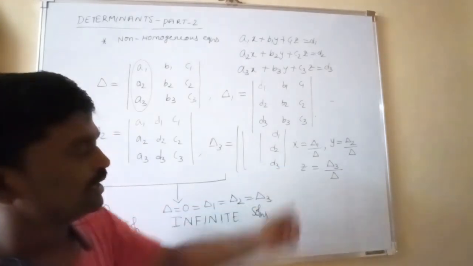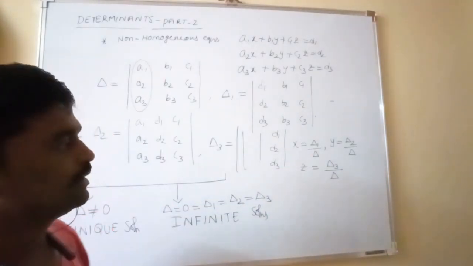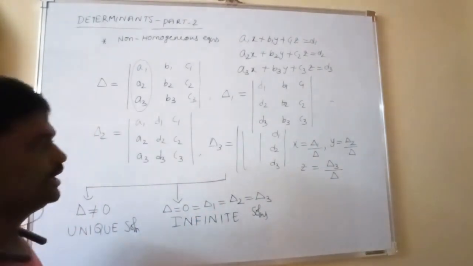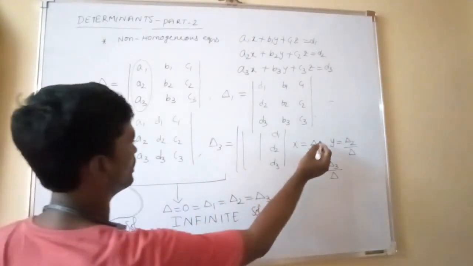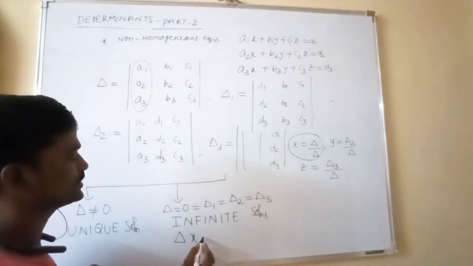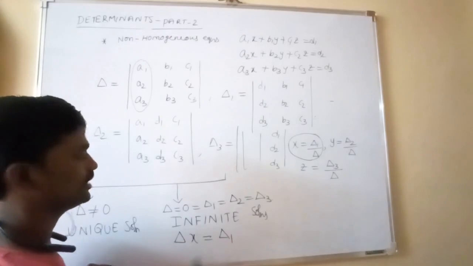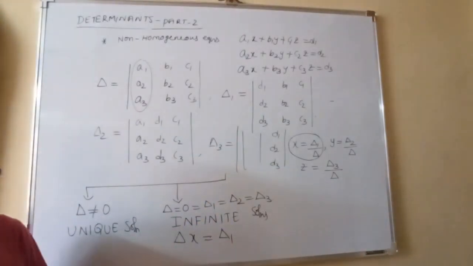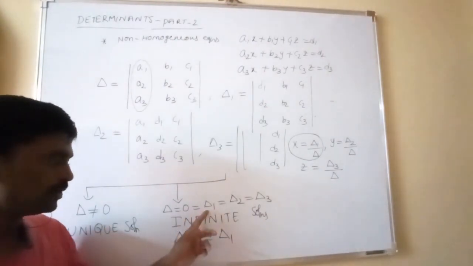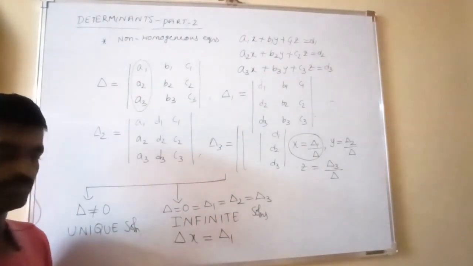See here, x is equal to delta 1 by delta. Just for one case I'm taking. x is equal to delta 1 by delta. This can also be written as delta into x is equal to delta 1. Am I correct? Okay. Now, delta value is 0 and delta 1 value is also 0.